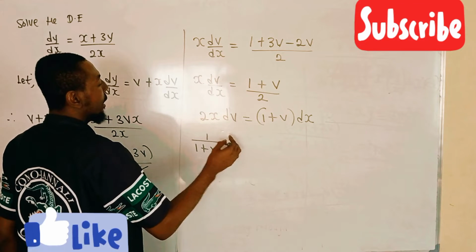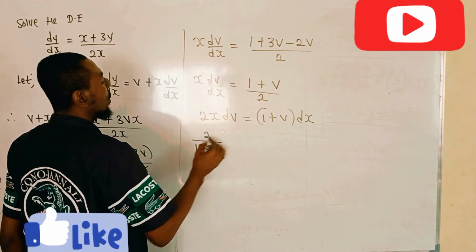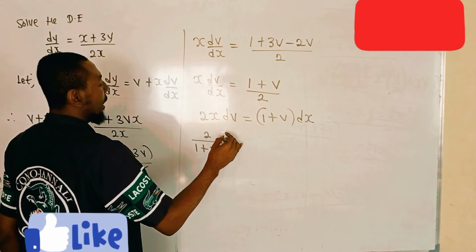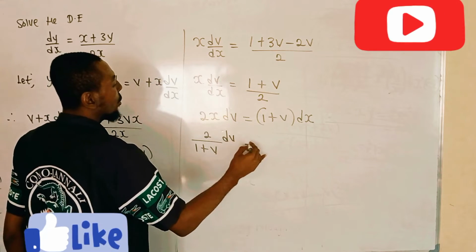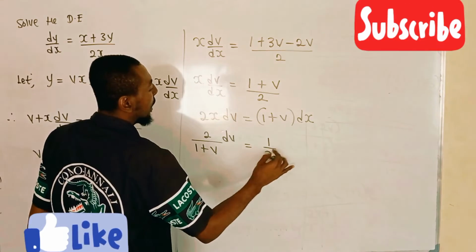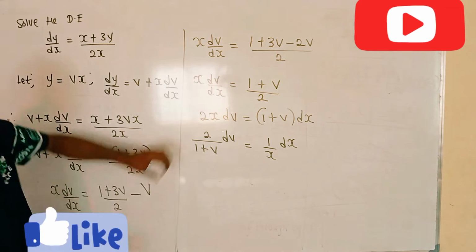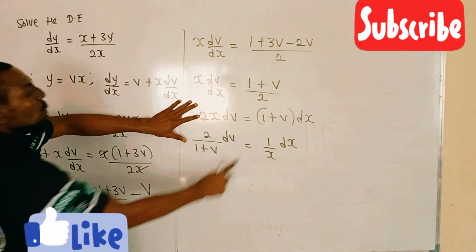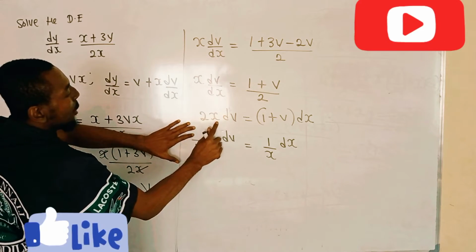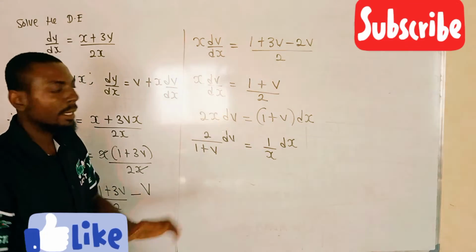Of course, there is a 2 here, so we can say 2 over 1 plus v dv equal to, then taking x out and putting it down here, we have 1 over x dx. As you can see, we maintain the 2 here while we take 1 plus v under here. Then taking x to go under here, we have the variables separated neatly.